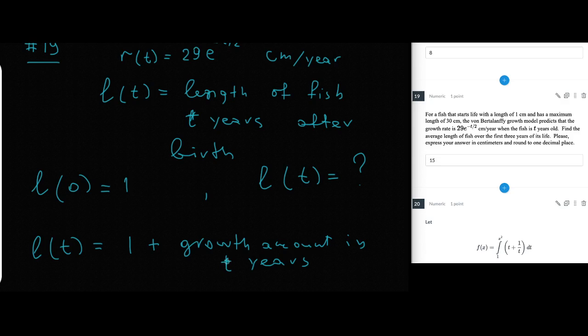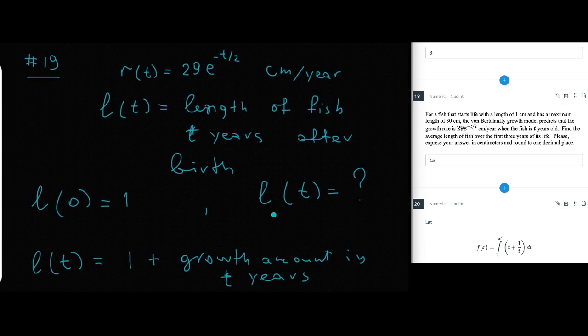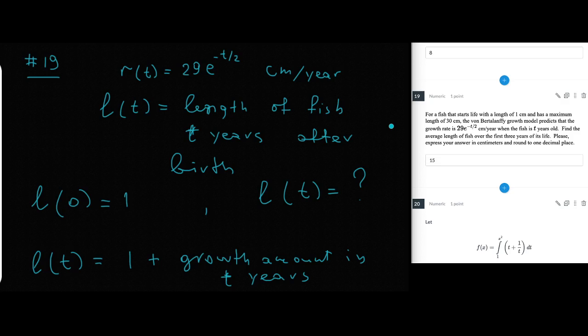Now, how can we find this growth amount in t years? Well, we're given the rate of change, rate of growth, and therefore, by the fundamental theorem of calculus, we can determine the total growth amount over a period of t years by integrating the growth rate.